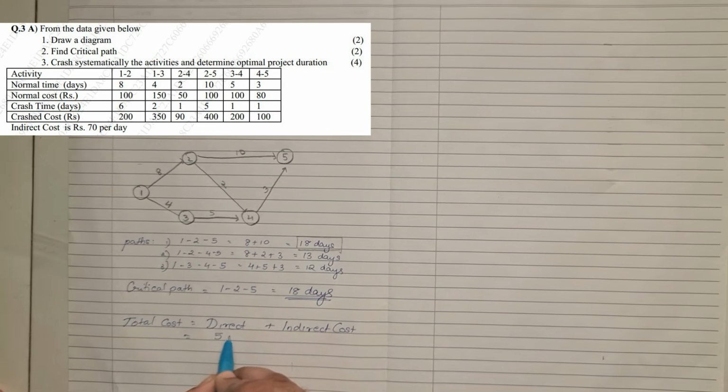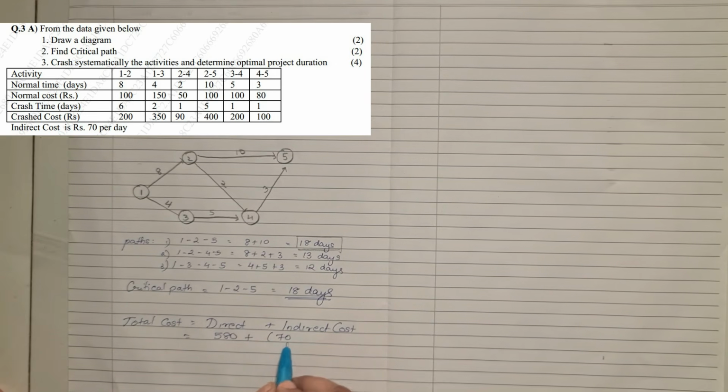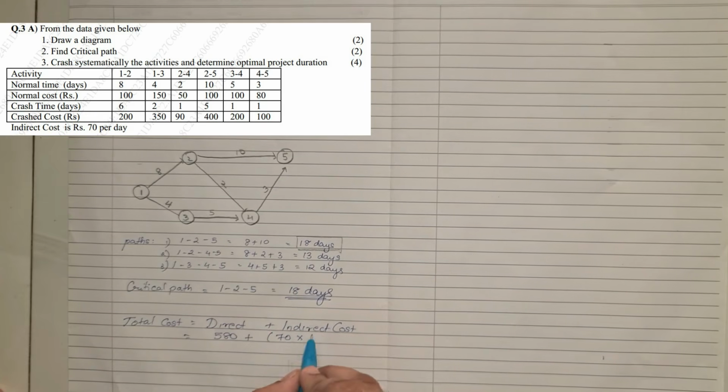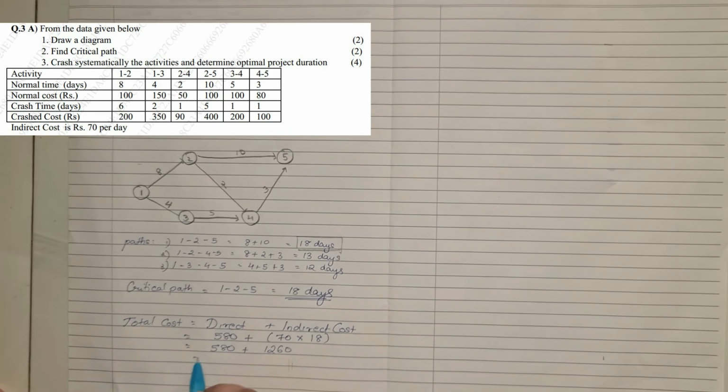So direct cost is 580, and the indirect cost given in the question is 70 per day. The critical path was 18 days, so 70 into 18, which comes to 1260. Adding this to 580, we get 1840. That's our total cost.